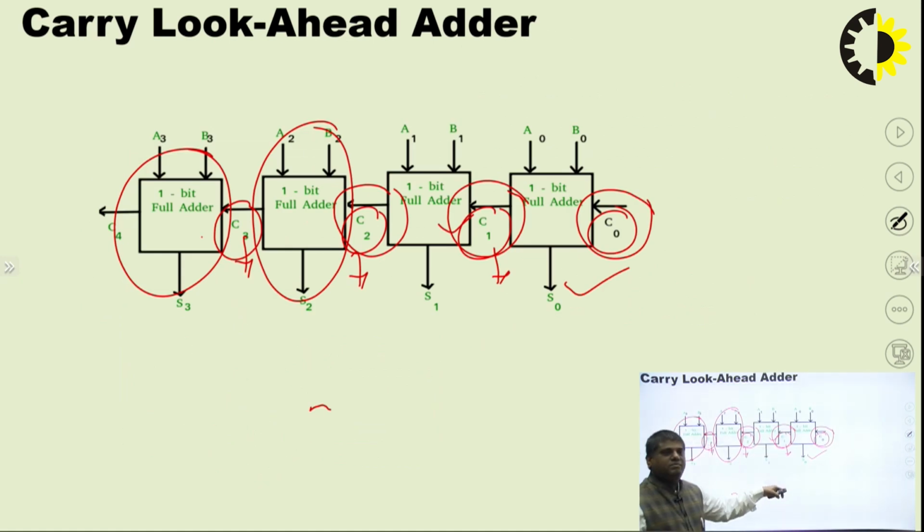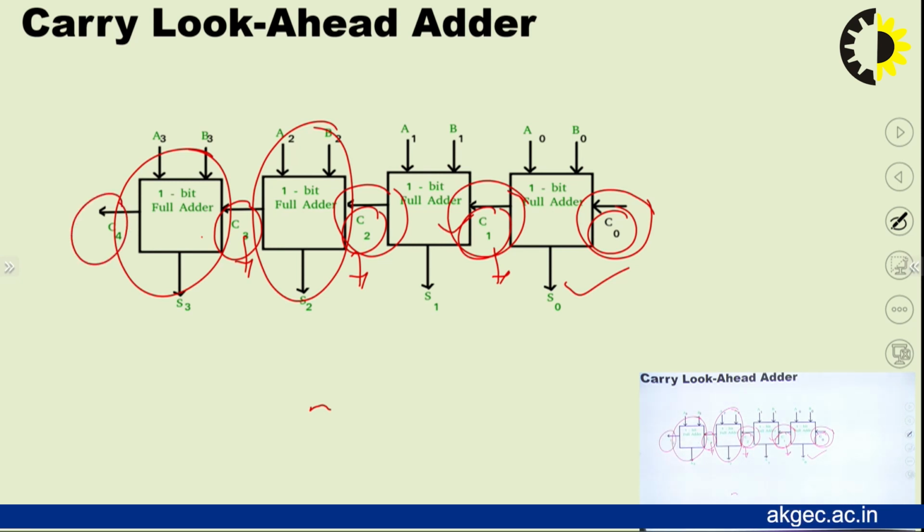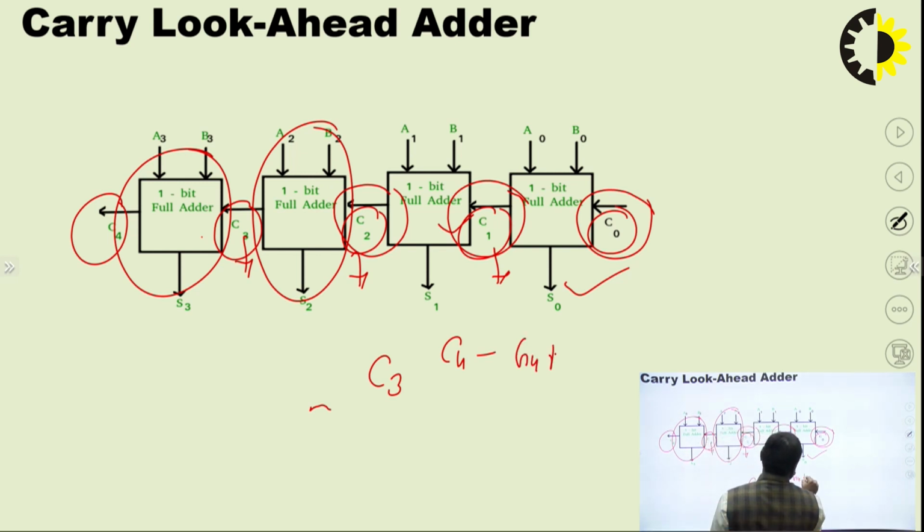C1 here is the circuit diagram of C1, C2 the circuit diagram of C2, C3 the circuit diagram of C3. Similarly, we can also calculate the value of C4, that is G4 plus P4 and C3.